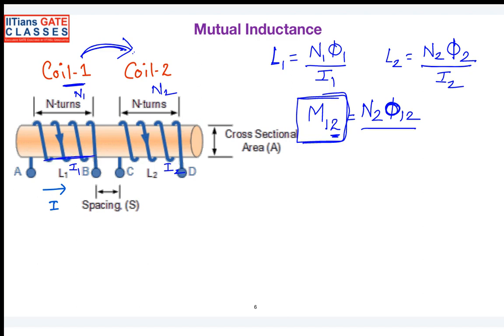Phi 12 is created by the current flowing in coil 1, so the basic cause is I1.